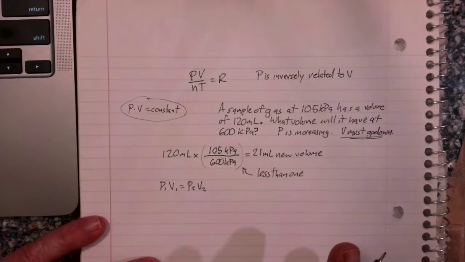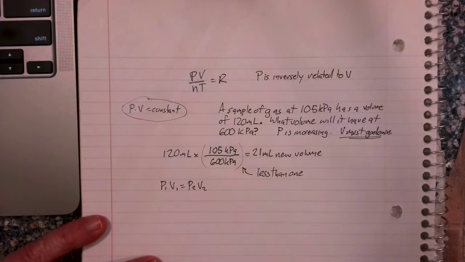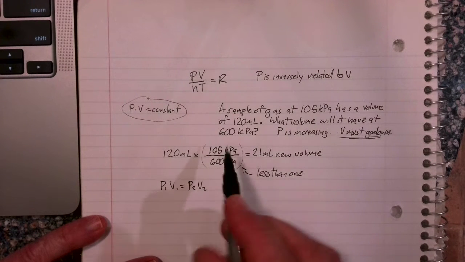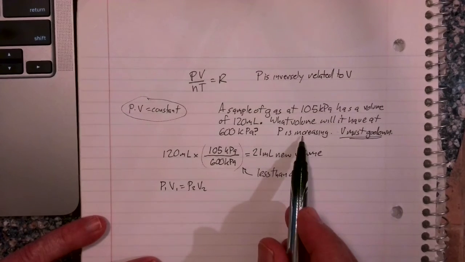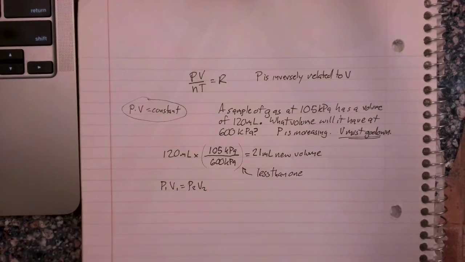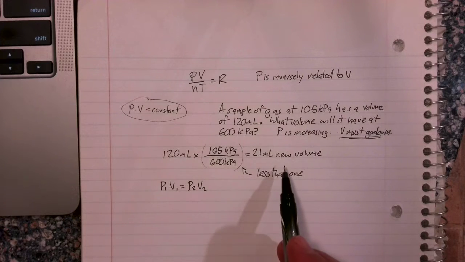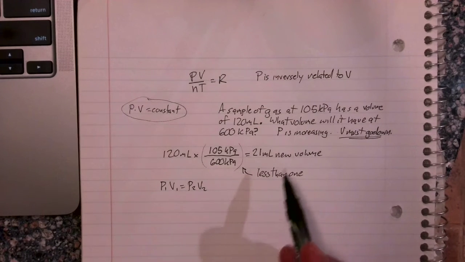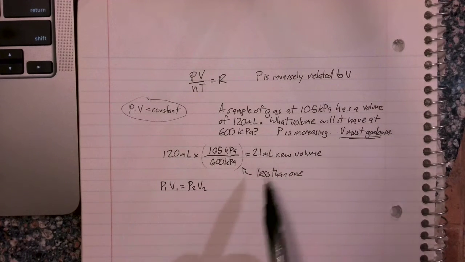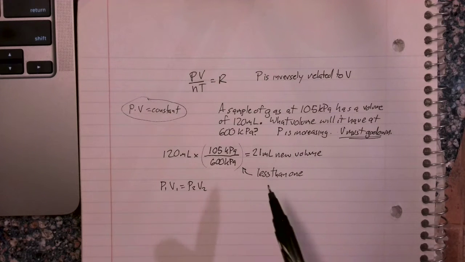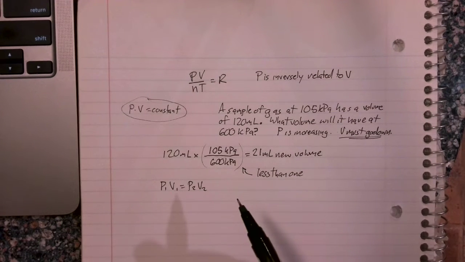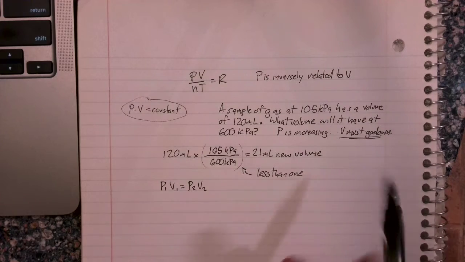I'm not saying you can't solve it by algorithm, but if you can remember what this implies, that as P goes up, V goes down, you can tell whether you've multiplied properly or improperly because your answer will either be larger or smaller depending on that relationship. And so it becomes a simple factor label problem if you can remember the concept.